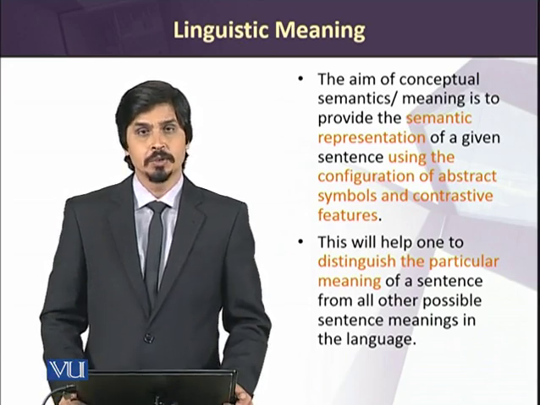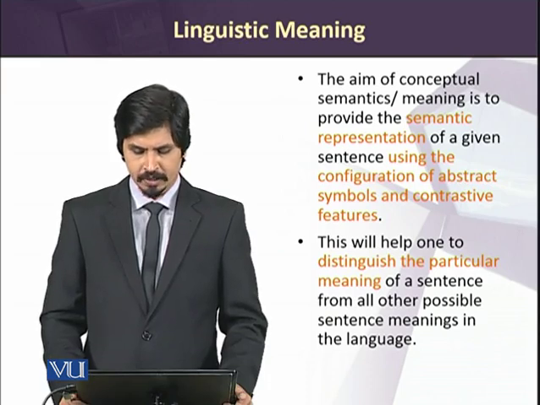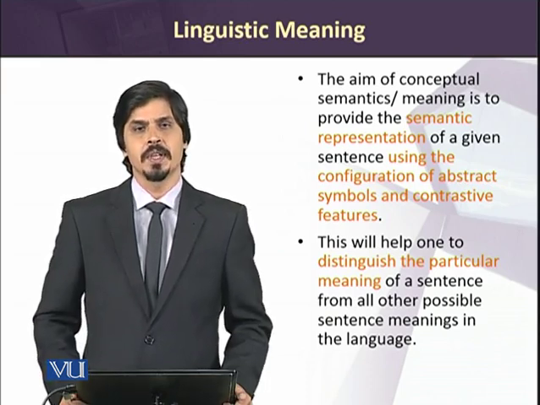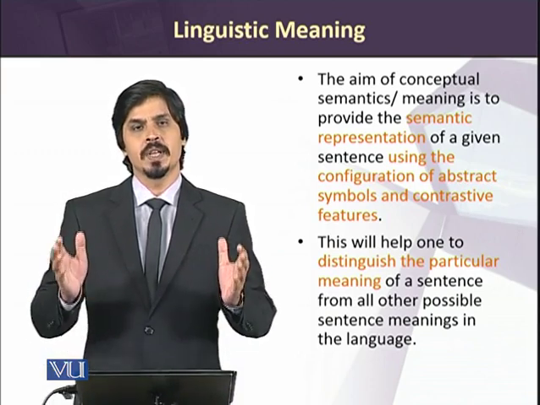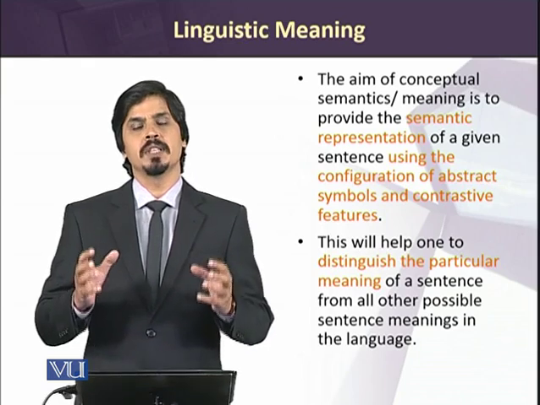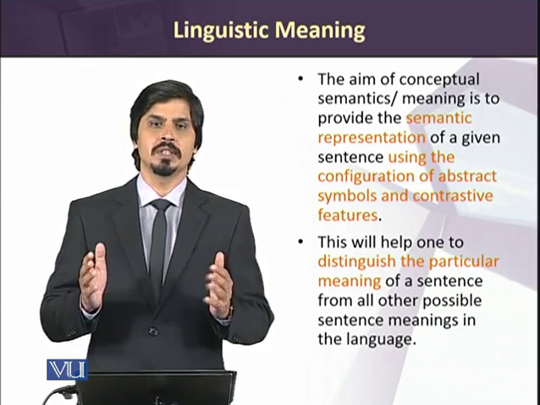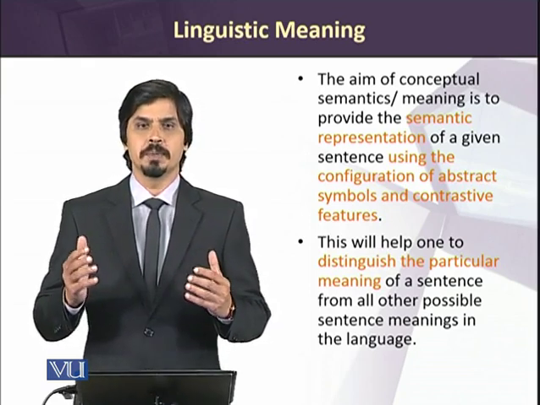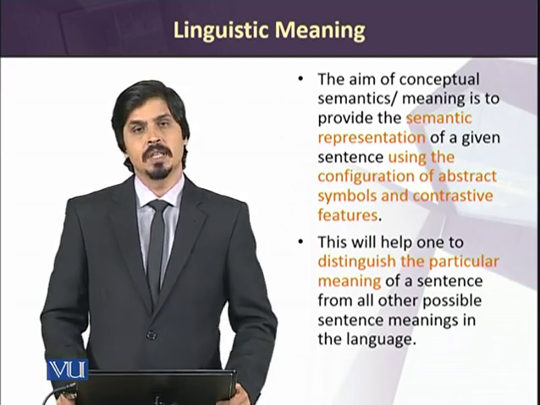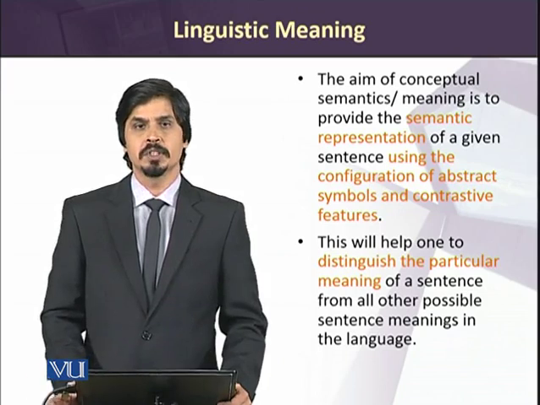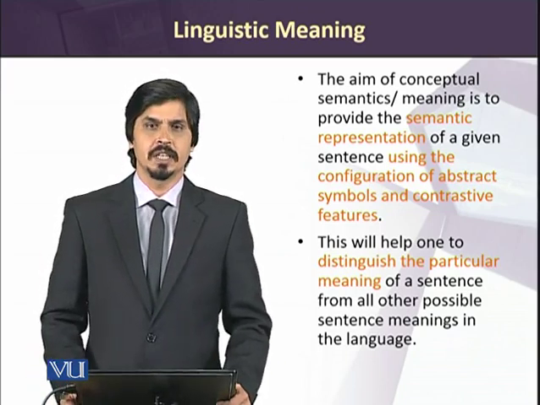This is usually done by using the configuration of abstract symbols and contrastive features. Based on all this detail, we can assume that conceptual meaning provides the primary and basic semantic representation of various words, that is, the basic or primary meanings of the words. This will help users of the language to distinguish one meaning from another of a word or sentence in a language.